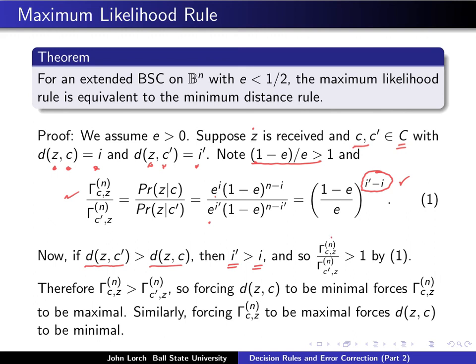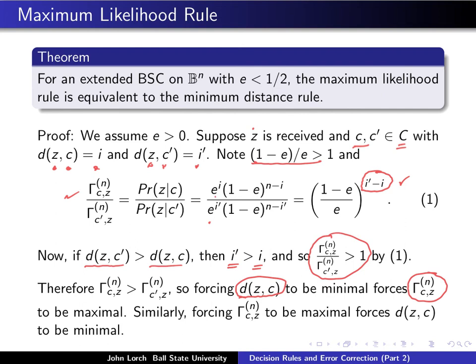Now, if this is bigger than 1, if we clear the fraction, that tells us that gamma c z is bigger than gamma c prime z. So what does this mean? This means that if you force this to be small, then you're forcing this to be large.